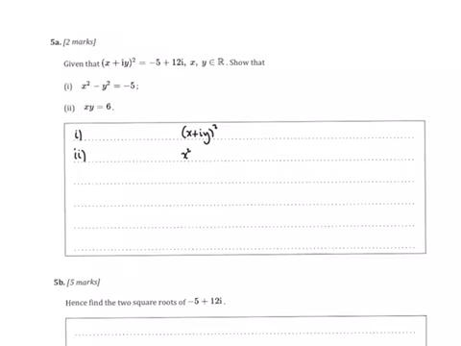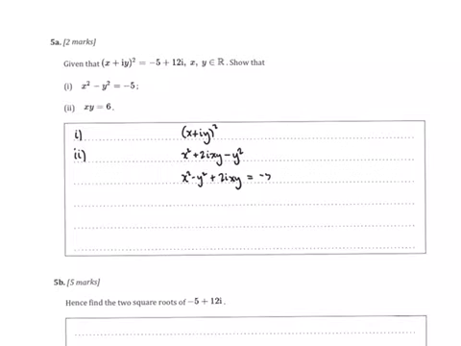So I'll get x squared plus 2ixy, minus, right, because that'll be i squared, y squared. So that'll be minus y squared. So you can see that my real component would be this, and my imaginary component would be that.